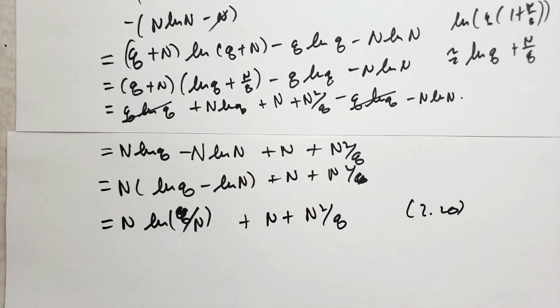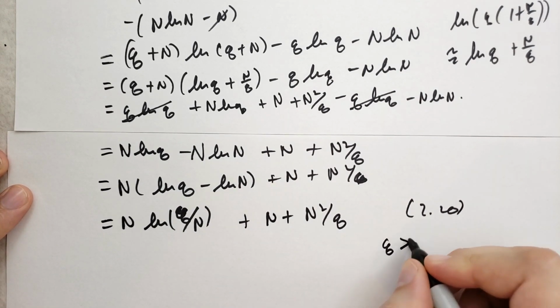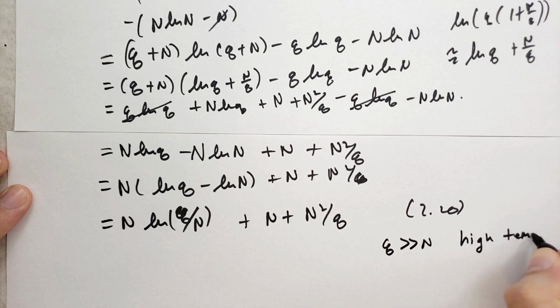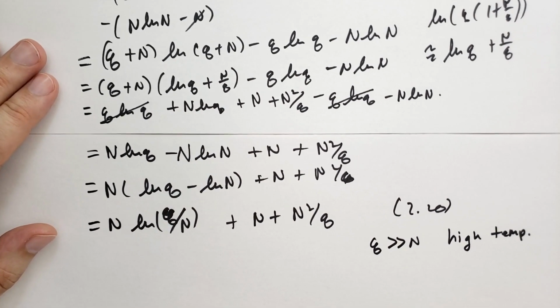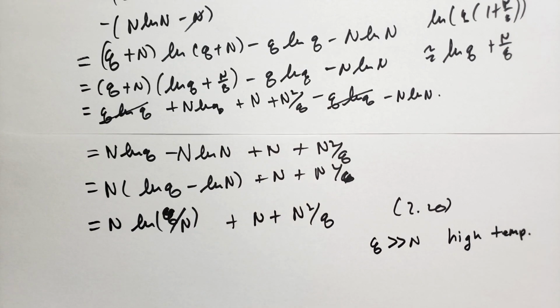Okay. The next step is we say that q is much greater than n, and we call this the high temperature limit. And by high temperature, we don't mean like molten lava temperatures. We mean like not cryogenic temperatures. So temperatures that are normal, right?